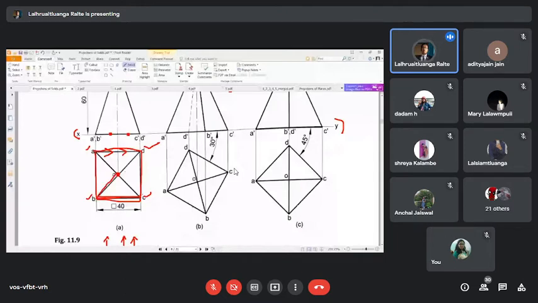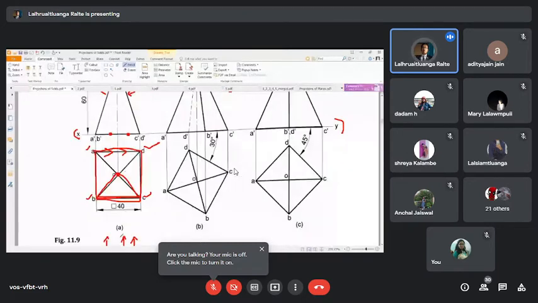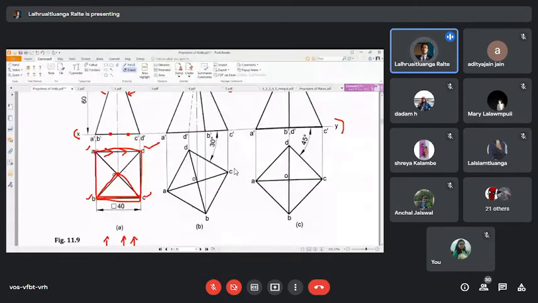So this is what we see from the front in the first condition A, when one side of the base is parallel to the vertical plane. All right, I hope everyone can picture it.